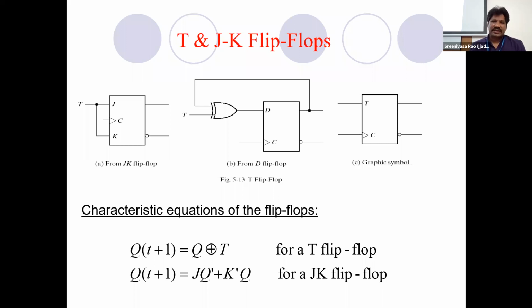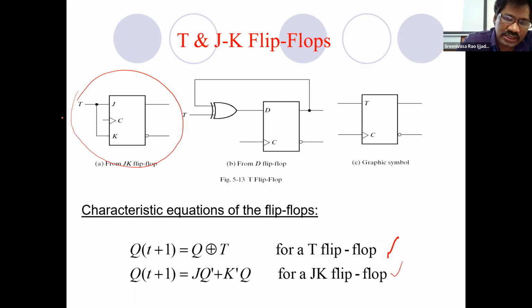So the previous thing is T and JK flip-flops. How can you generate the T? How can you implement the T flip-flop from the JK or D? From the excitation table, the T flip-flop is nothing but the next state is Q exclusive-OR T. You are implementing T from this JK.